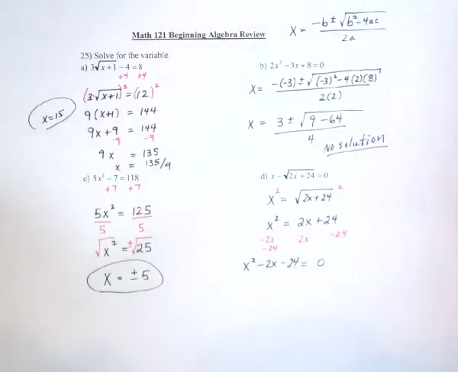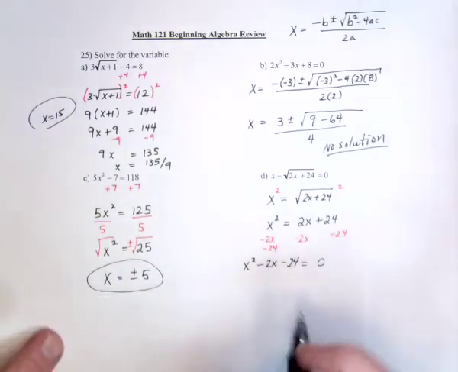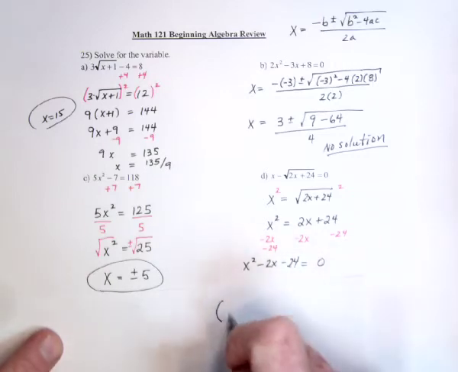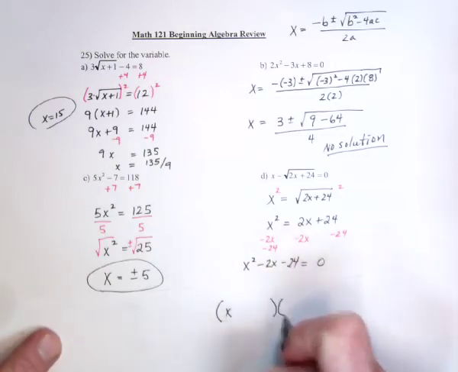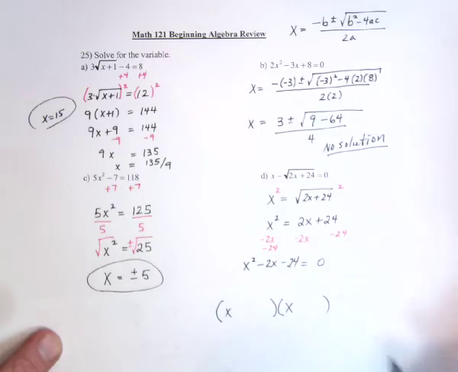So let's try that factoring again. Let's see if we can factor this one. Otherwise we'll use quadratic formula. So in order to get x squared, it's going to be x times x. And then for 24, we have the possibilities of 1 times 24. There's the possibility of 2 times 12.